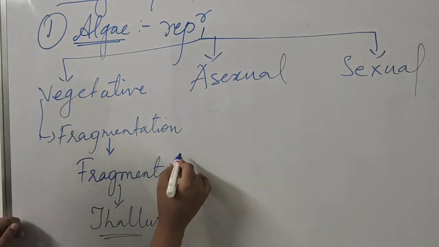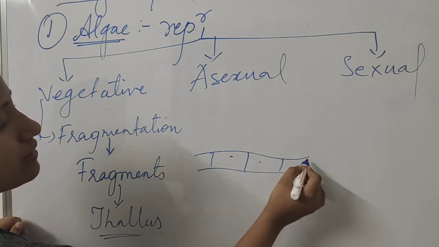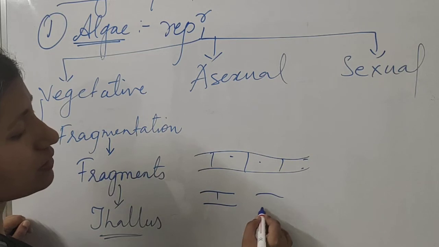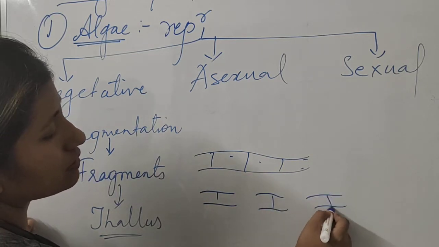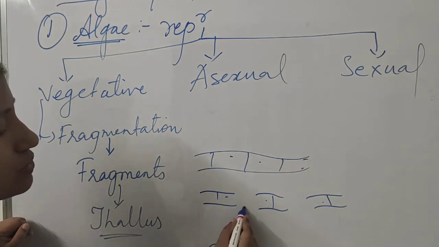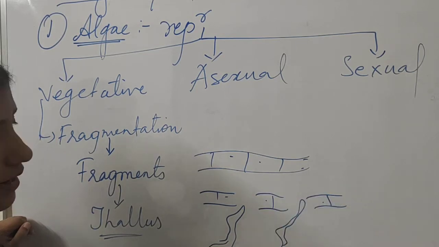Suppose this is an algae. Fragmentation means it will break down into small pieces. Now these are fragments. Each fragment can give rise to one thallus body, and from that thallus body new algae will arise.